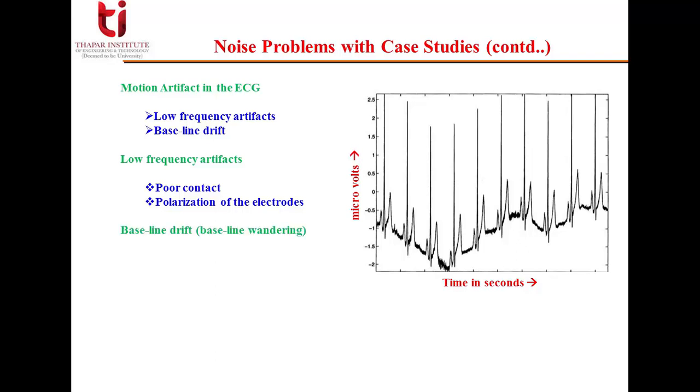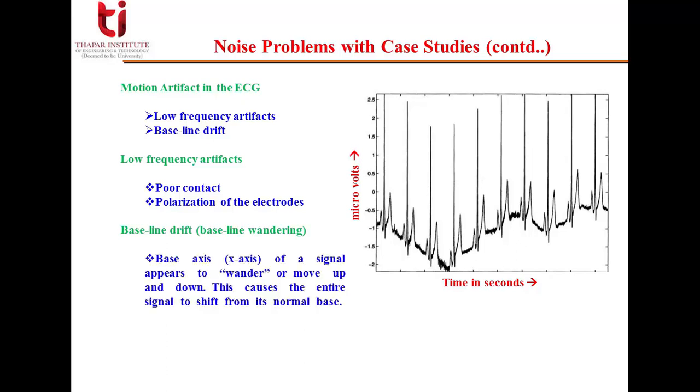Now next is the baseline drift, which we can also call baseline wandering. Baseline means the base axis, or simply the x-axis. It appears to move up or down. This causes the entire signal to shift from its base.